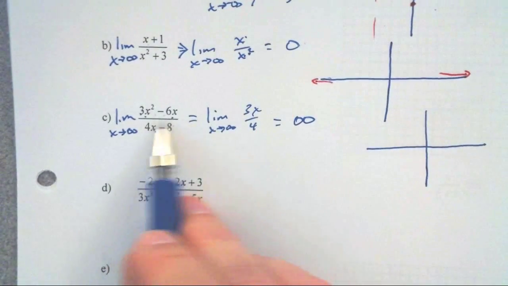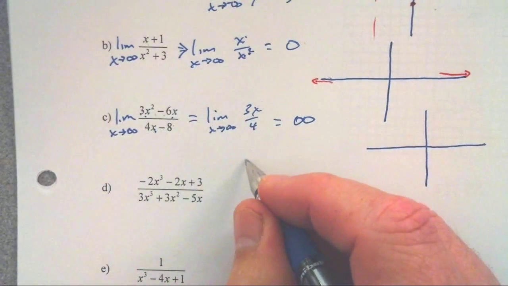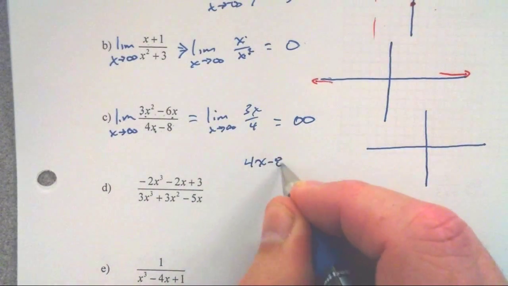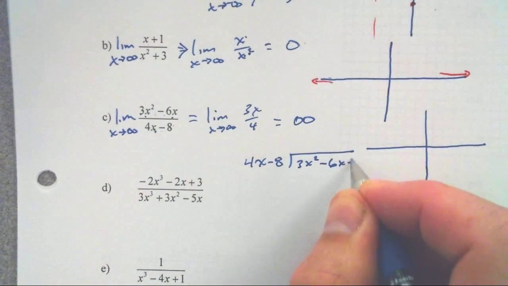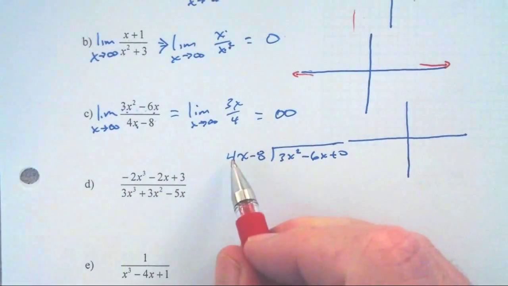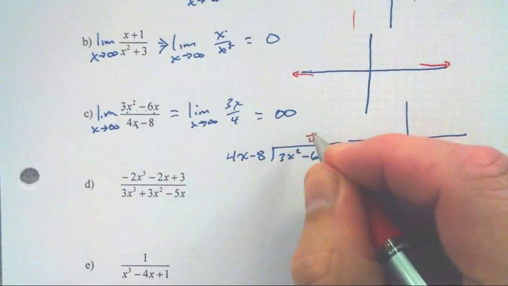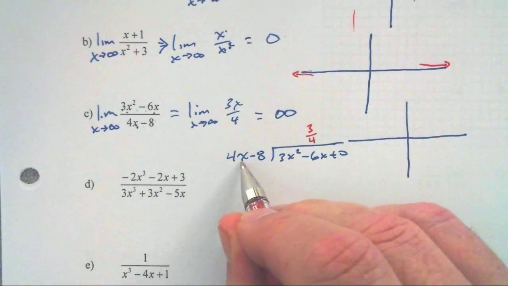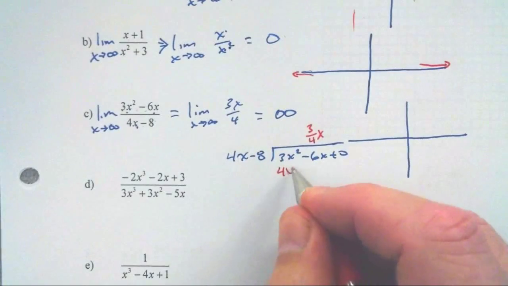This is just a division problem. Again, this is a little bit overkill for what they're asking right now, but it's something we need to talk about at some point. Well, this means 4x minus 8 into 3x squared minus 6x plus 0. 4 times what equals 3? Well, I got to cancel 4, and I got to introduce 3. X times what is x squared? X. So I get 3x squared.